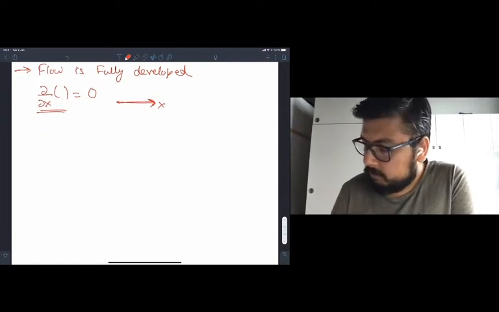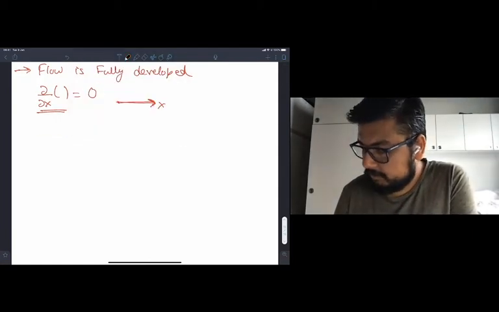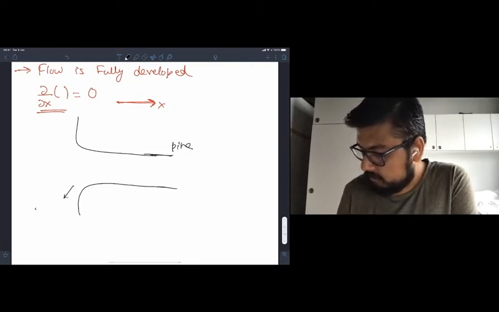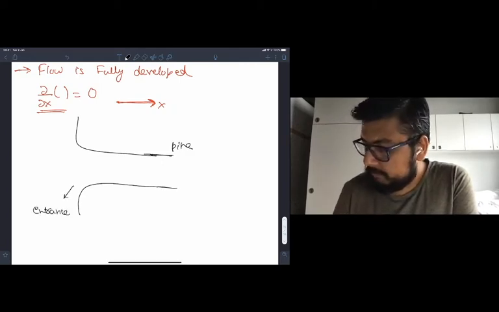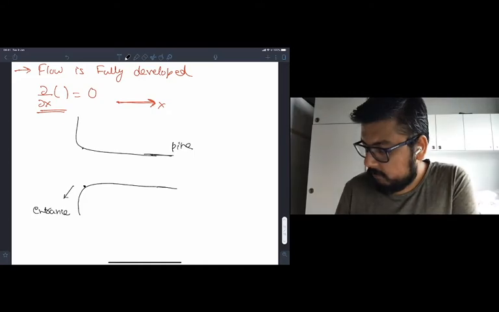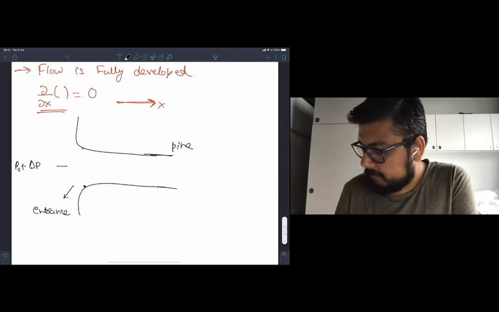There's one way we can visualize this assumption. For example, if we have a pipe and we go close to the entrance of the pipe, then of course on the two walls there is going to be a no slip boundary condition. And if we apply a pressure P naught plus delta P from this side, then it will get some velocity U naught.